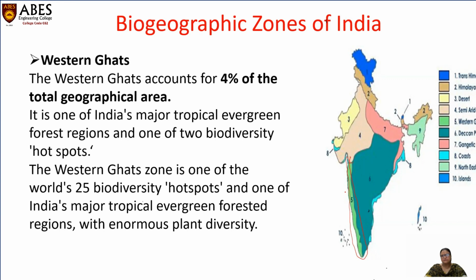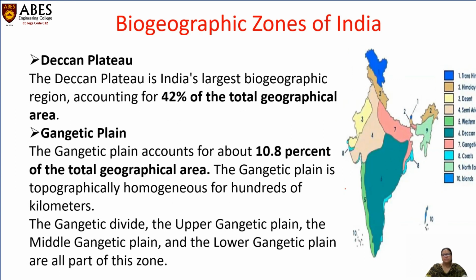Hotspots, or biodiversity hotspots, are the areas having high endemism but are continuously under threat. Now coming to the next one, the Deccan Plateau or Deccan Peninsular region. In the diagram, you will see that this accounts for 42% of the geographical area of the Indian region.